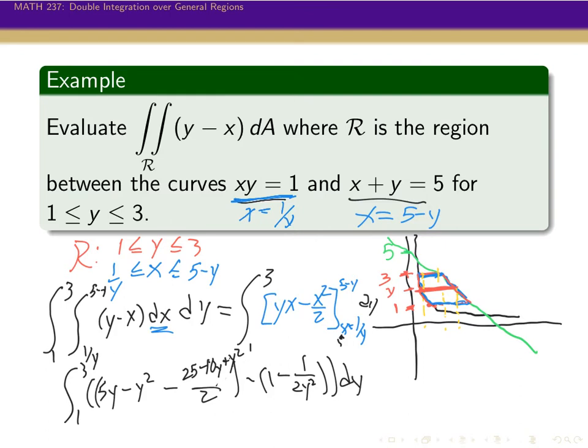I already have a 5y, so those two combine. We're going to have to erase our region here. I'm sorry. Let's write this out nicely, what we have.